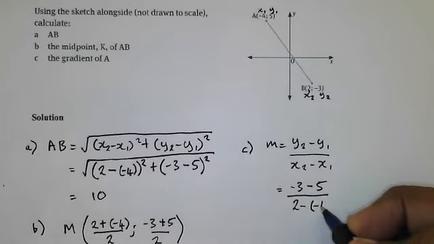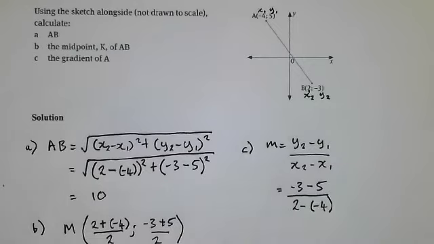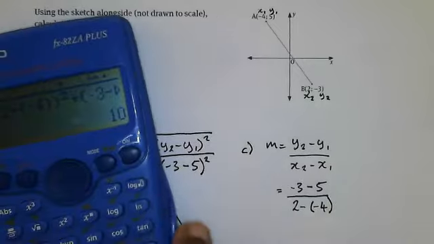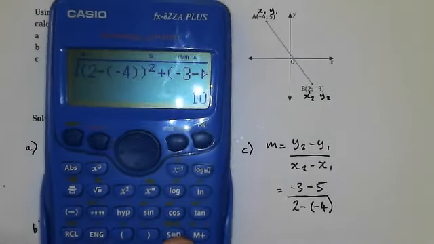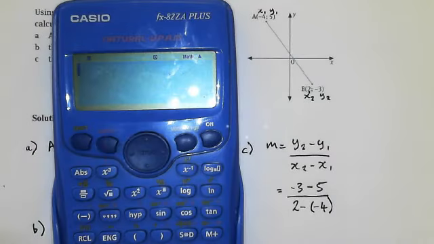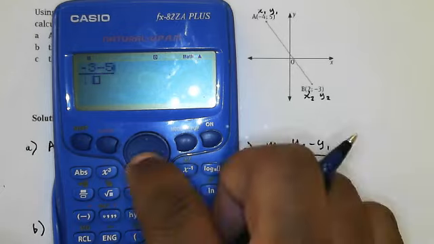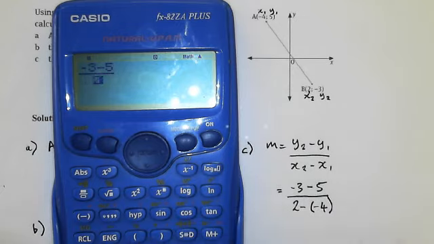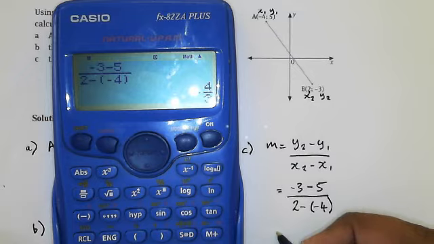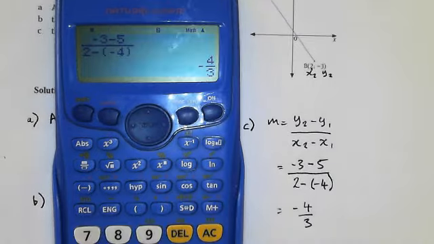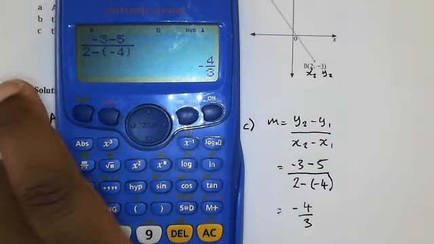So you have to minus the negative 4. Well, you can just do this in the calculator. Okay, just saves us time. So let's see, what do we get? Negative 3 minus 5 over 2 minus negative 4. Yeah, that's correct. Negative 4 over 3. So that's the gradient.